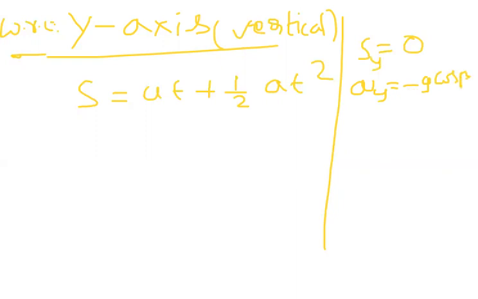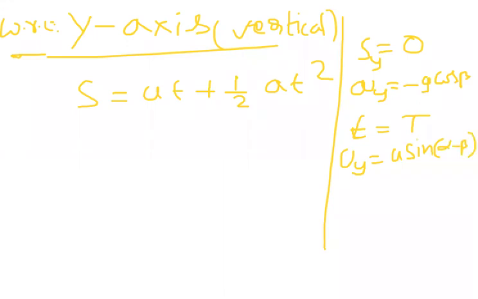So displacement in the vertical y direction is 0. Now what will happen here? The time taken is capital T. And what is uy? I already informed you that uy is u sine of alpha minus beta. Substituting these in the formula.